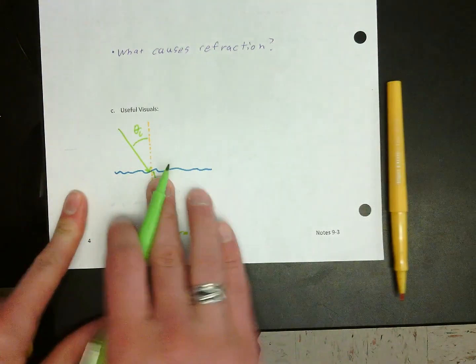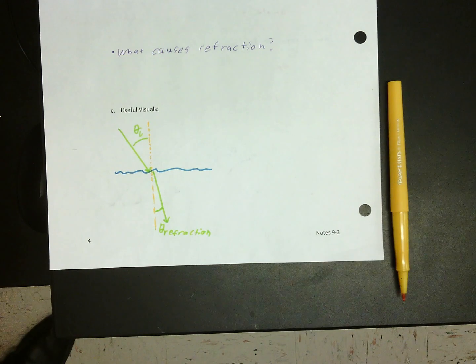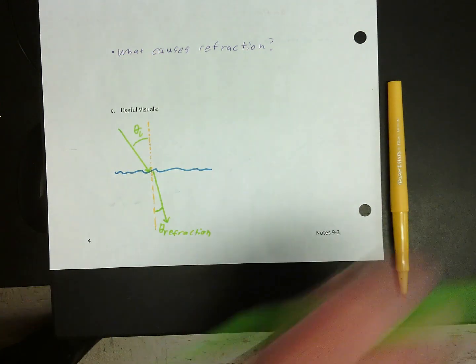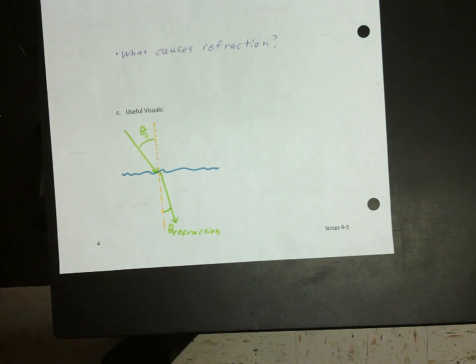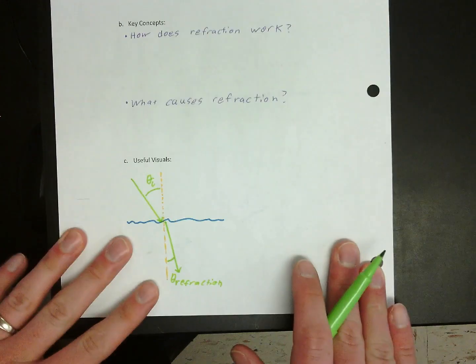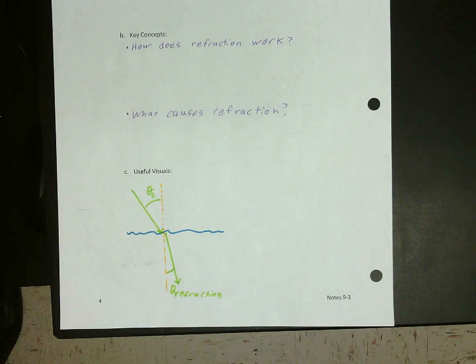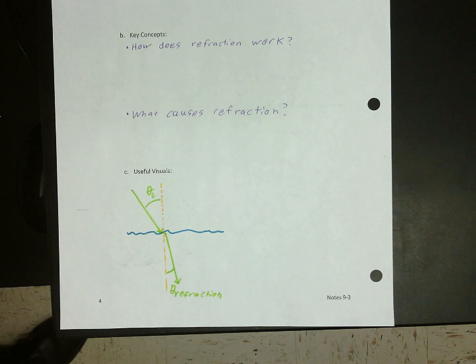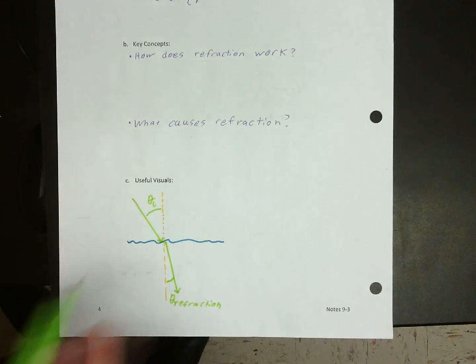There is an equation that determines exactly how much it bends, so you can figure that out if you really wanted to. We're not going to need to. You're not going to have to solve that kind of a problem on the final, so I'm not going to spend a lot of time on it. But there is a relationship. I want to make sure you understand it doesn't just willy-nilly bend however it wants. There's a specific relationship. It's called Snell's law, and that determines how it bends.